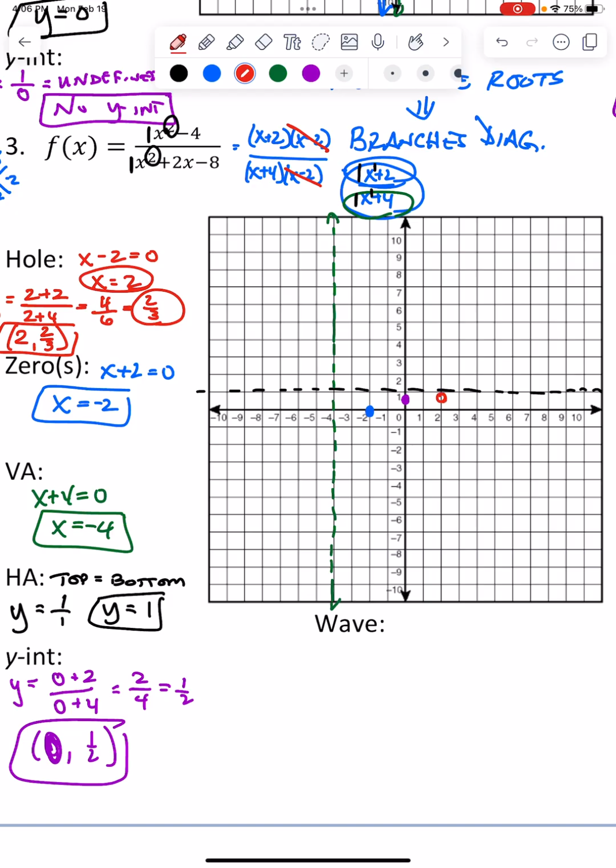Okay, now with this, right, we've got points down here. So there's going to be a branch down there, right? And then there's no double roots. So since there's no double roots, that means our branches will be diagonal.